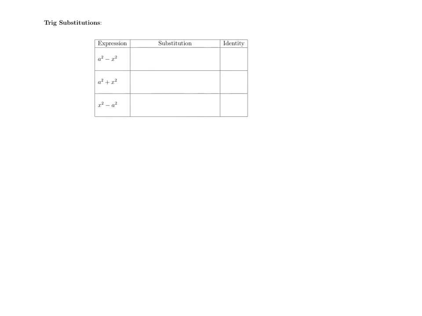So if we see something in our integrand of the form a squared minus x squared, where here a is a number, the substitution we would want to make is x equals a sine of theta. And we just did this a moment ago. In our previous example, we had 1 minus x squared, and we made the substitution x equals 1 sine theta, or just simply x equals sine theta.